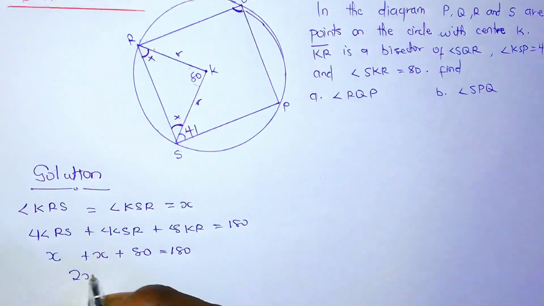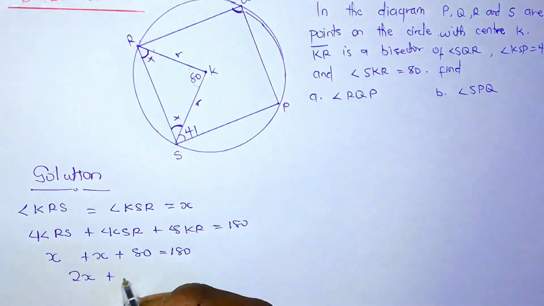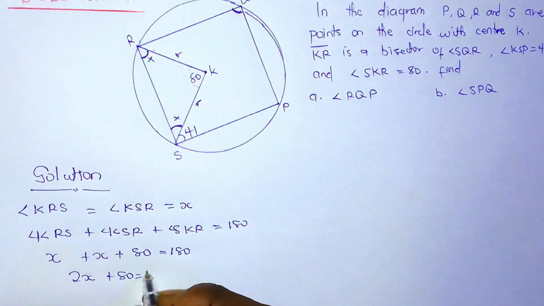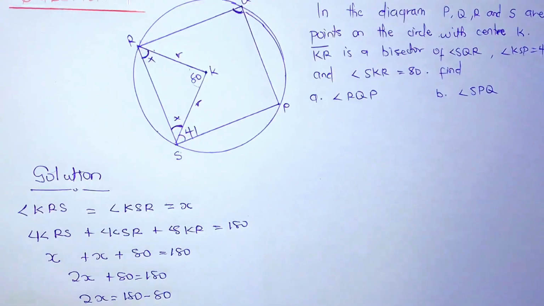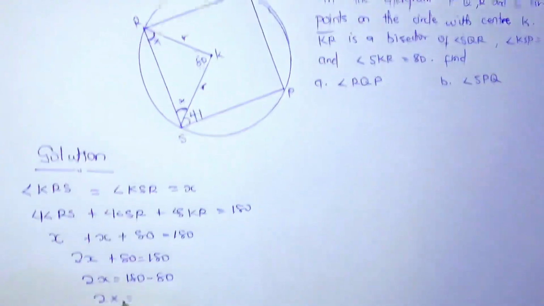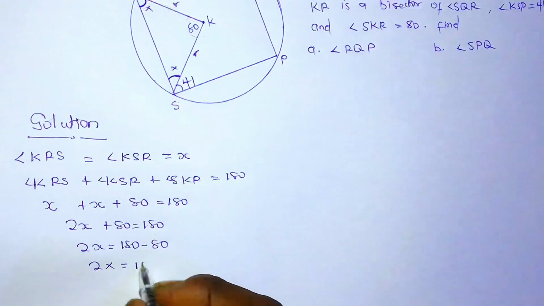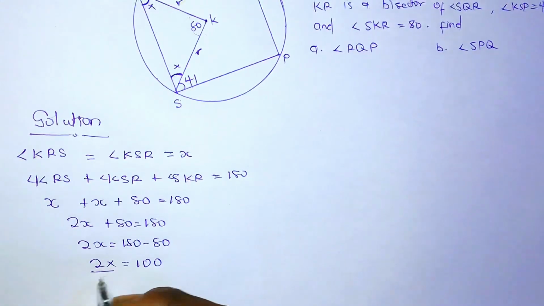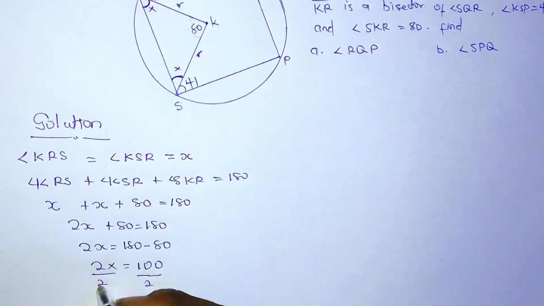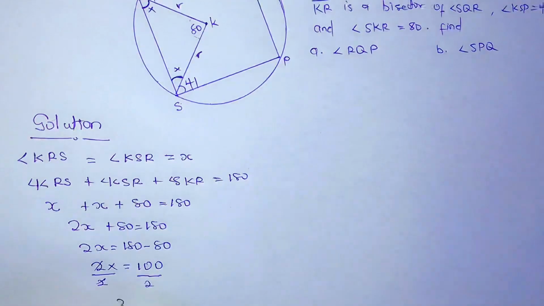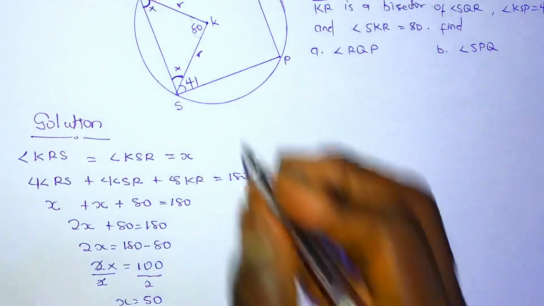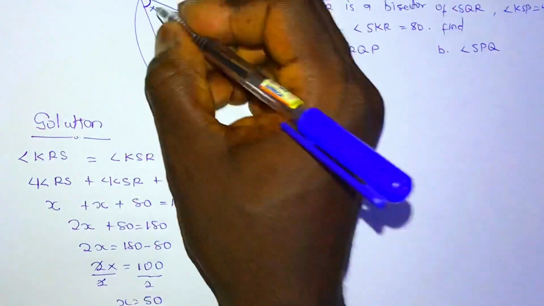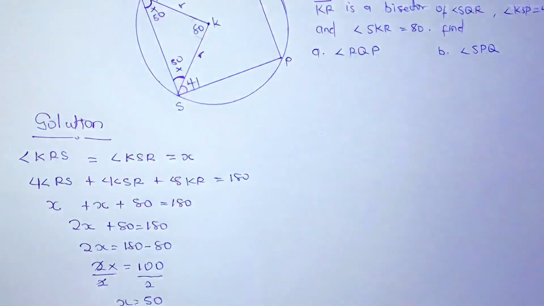So 2x plus 80 is equal to 180. 2x is equal to 180 minus 80, and 2x is equal to 100. We divide by 2. And x is equal to 50. So this angle here is 50. This angle is also 50.